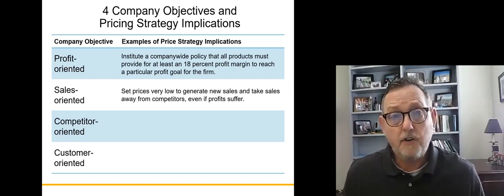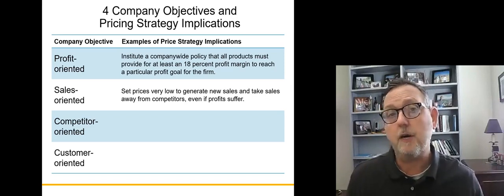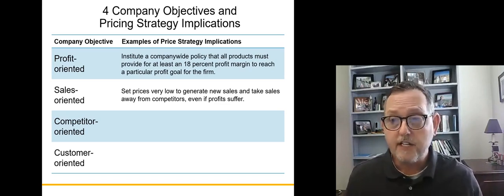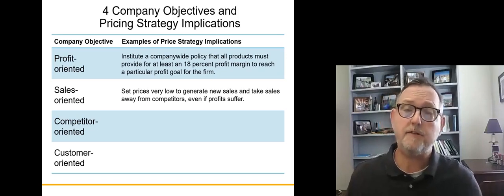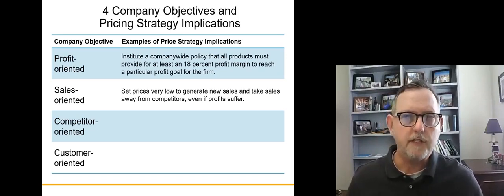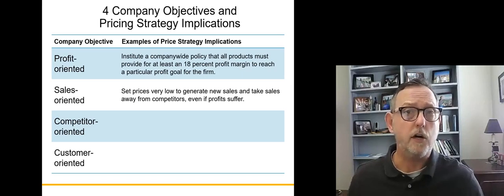Another objective might be volume, units sold, or maybe market share. Set prices very low to generate new sales and take sales away from competitors, even if profits suffer a little bit. Now, why would profits suffer if you're selling more units? It's a great question, and it's simply because when we lower our price, we lower our profit margin.